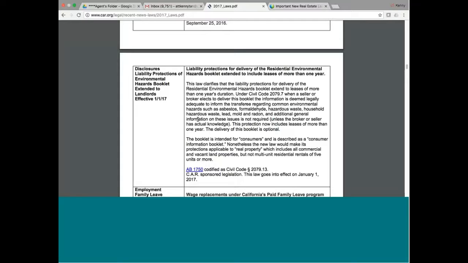Now, let's say, for example, you are a selling agent representing a buyer for the purchase of a 5-unit apartment complex. Are you required to do an agent visual inspection disclosure or not? For a 5-unit apartment complex.